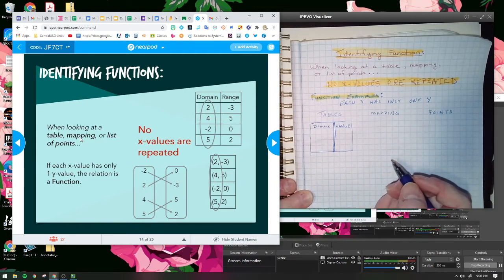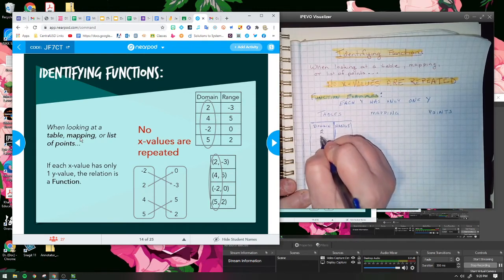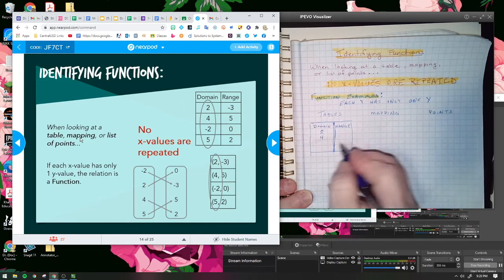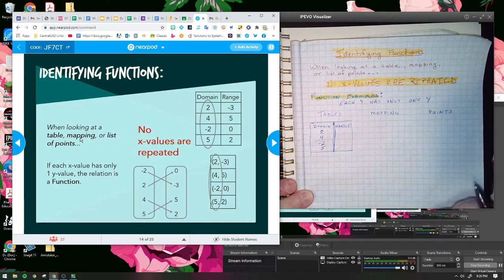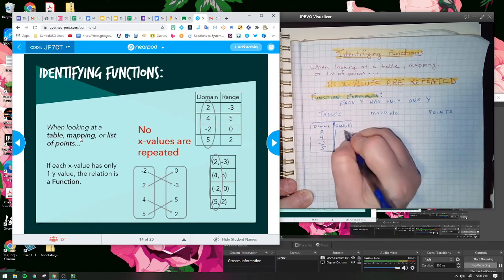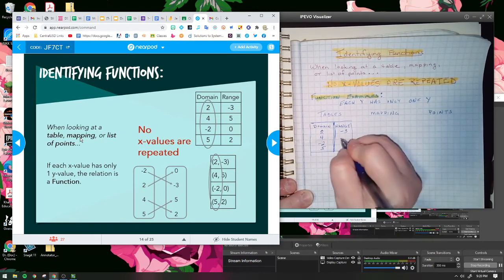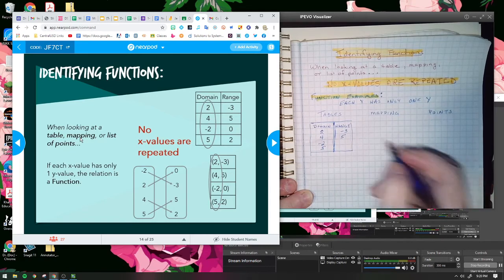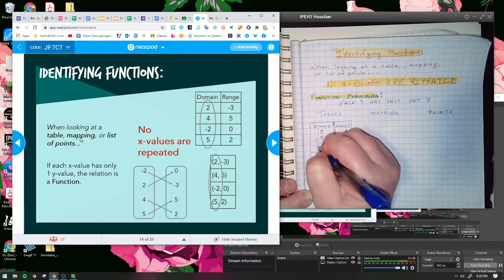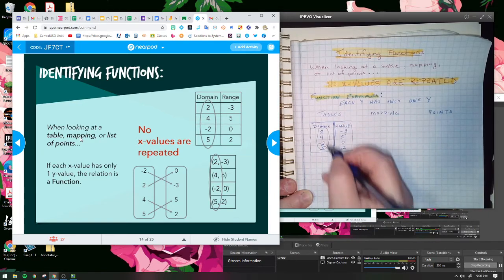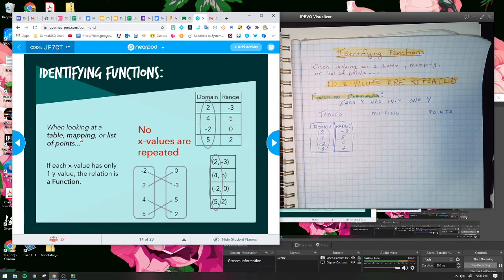I have a 2, a 4, a -2, and a 5. My range is -3, 5, 0, and 2. These are my x values, and they're all different numbers. There's the +2 and the -2, and both of those are in different places on the number line.